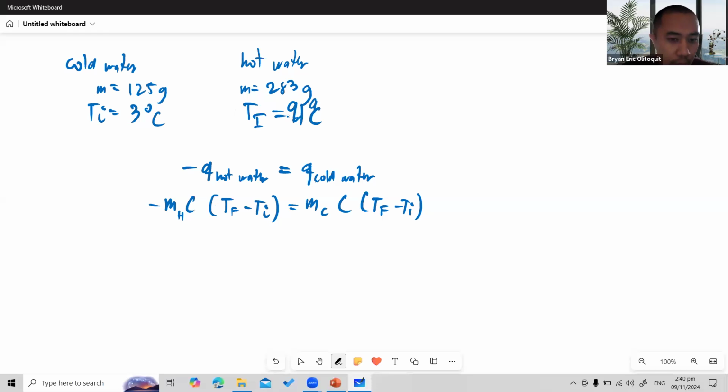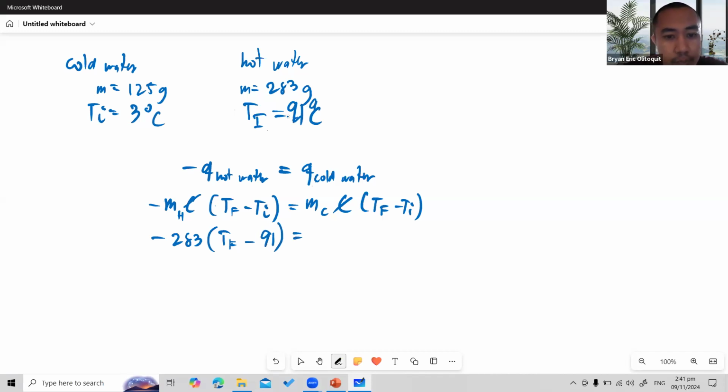However, we have different initial temperature. Also, the specific heat are the same. So actually, pwede na natin itong i-cancel out. Plugging in the values, latag natin yung mga values na nandito. You have the mass of hot water as 283, negative, multiplied by the final temperature, which we don't know yet, minus the initial temperature of the hot water as 91.